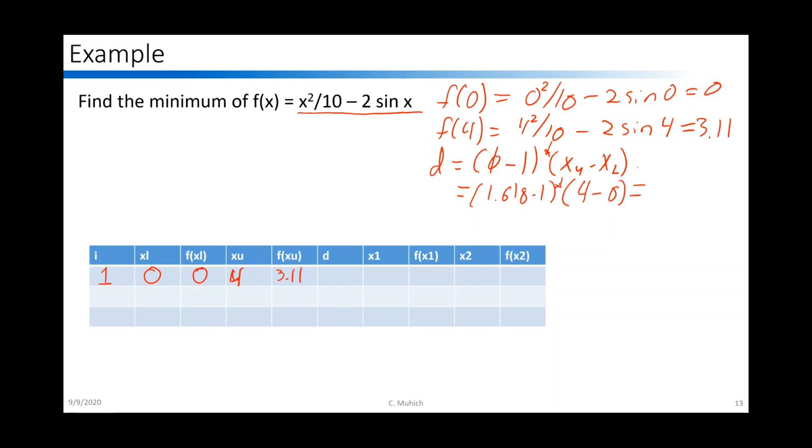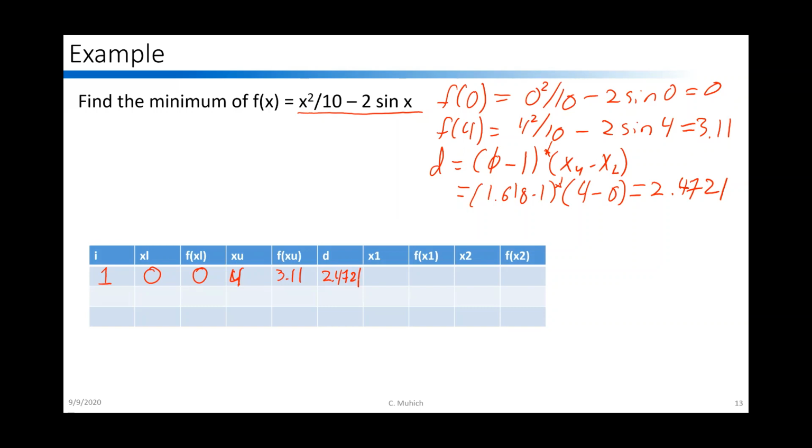I can do all the math out, and when I do, I end up getting 2.4721. So I can put that in my table right here. Now I'm ready to calculate my x1 and x2.